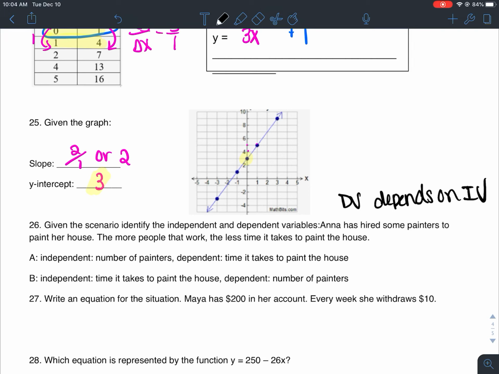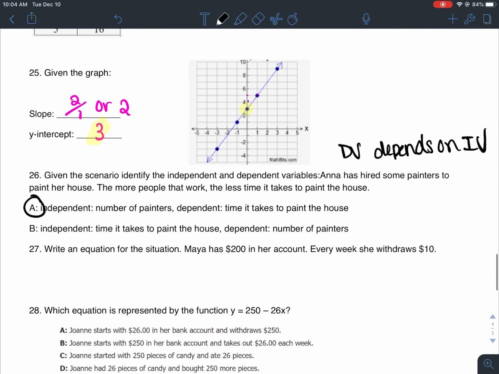So does the time it takes to paint depend on the number of people, or does the number of people depend on the time? It's going to be the first one, because the time is kind of the after. The more people that work, the less time it takes. So your independent variable is going to be the number of painters, and the dependent variable is the time it takes to paint the house.